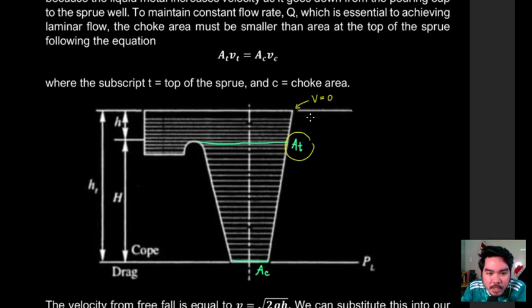Tama? Then as it goes down, it increases in velocity. Tama? At this point. And we know that at this point to this point, lalong mag-i-increase pa yung velocity natin.